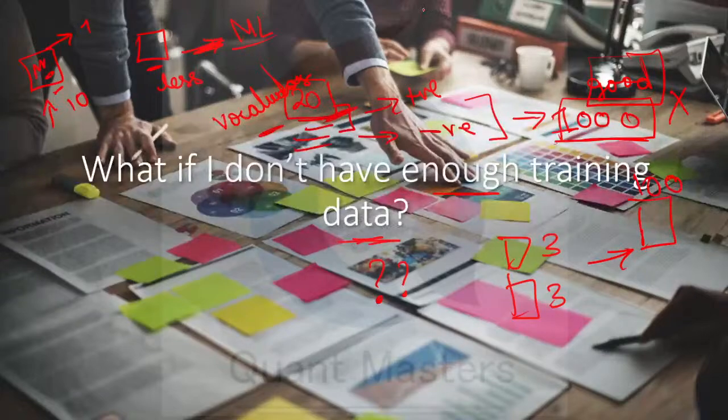Think of one more scenario. You want to predict whether a sentence is positive or negative in, let's say, hotel reviews or mobile phone reviews. We cannot do that unless we have enough data to train. If we don't have data to train, of course, our typical machine learning models won't work well.